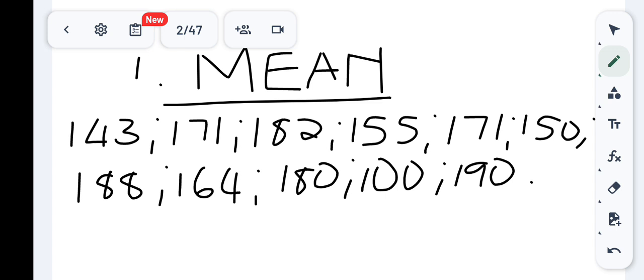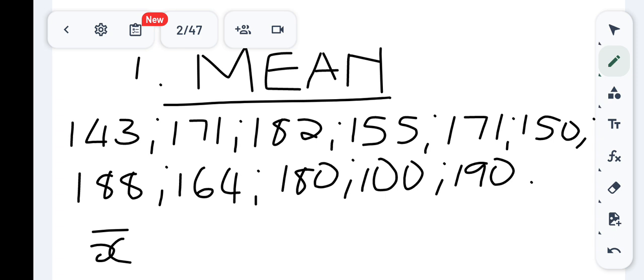So how do we calculate mean? Mean is denoted by this symbol. This is average mean. Mean is calculated by adding up all the numbers. All these numbers, we need to add them and divide by how many numbers there are.